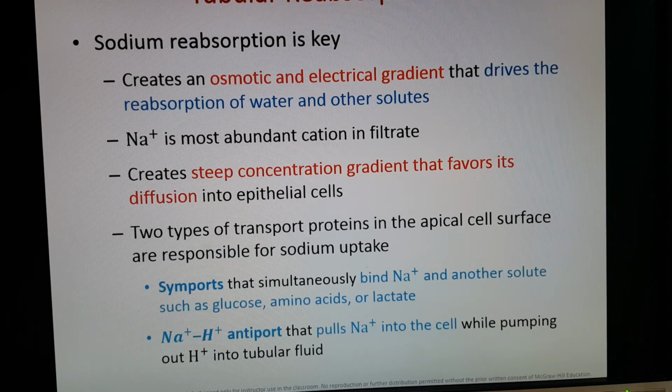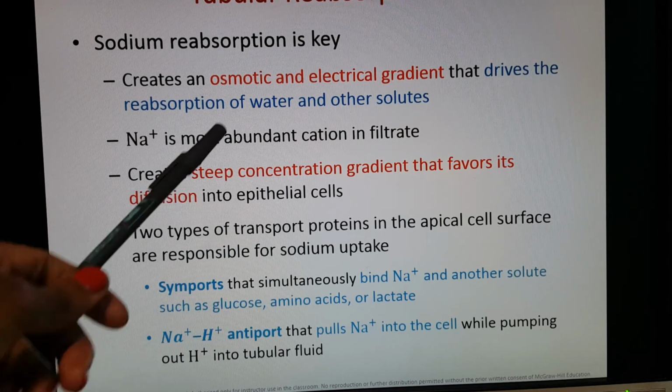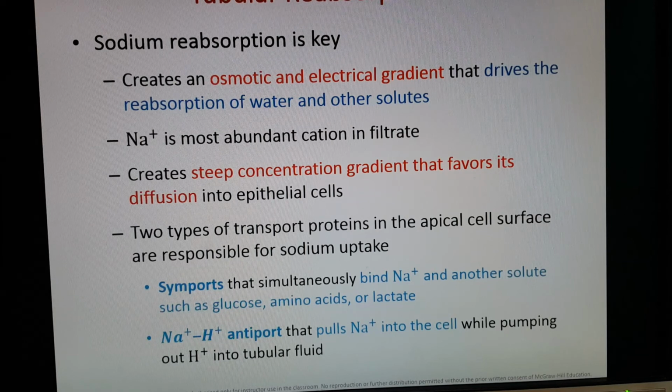The gradients that are set up with sodium, we talked about this for digestion as well. So it creates osmotic and electrical gradients that help to drive the reabsorption of water and other solutes. So a steep concentration gradient favors this diffusion into epithelial cells. So again, you're going down your concentration gradient.